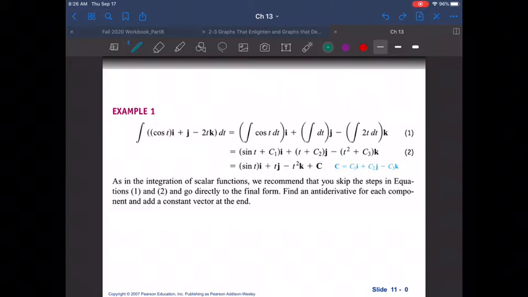We find the integrals of each component individually, and you end up adding a constant onto each one of these integrals. So each one of them has a constant added onto its component.